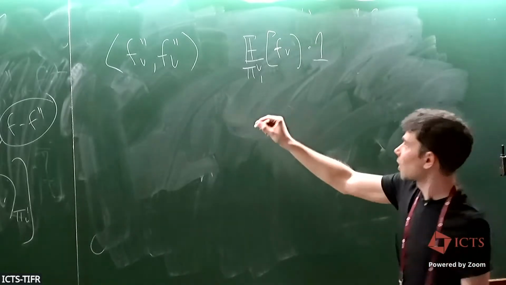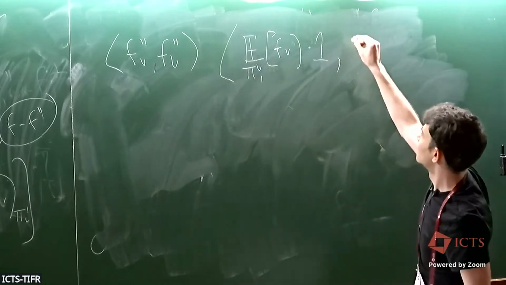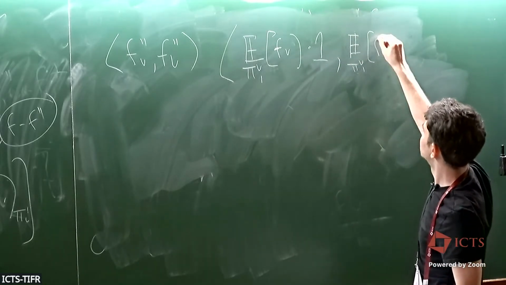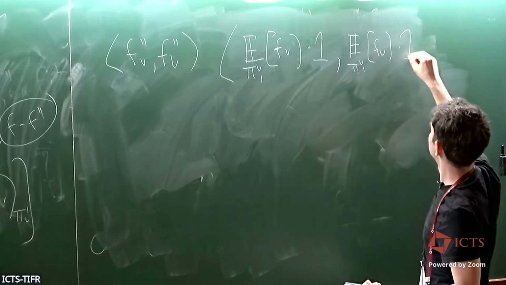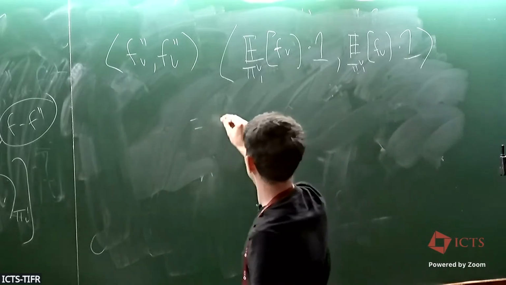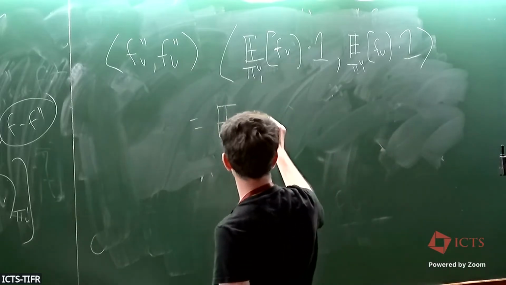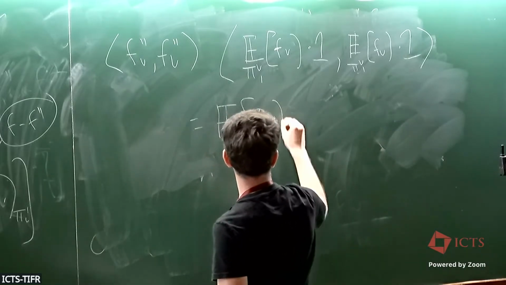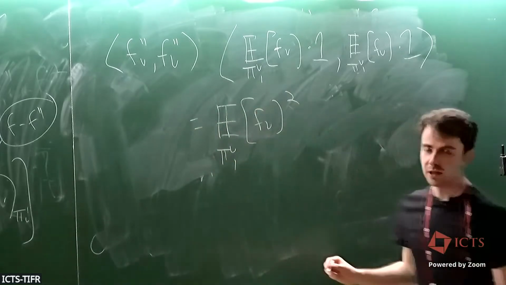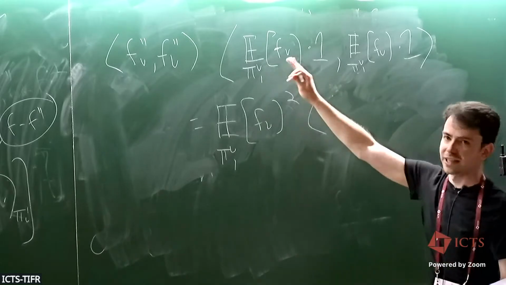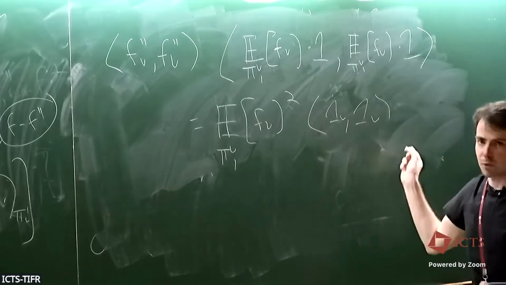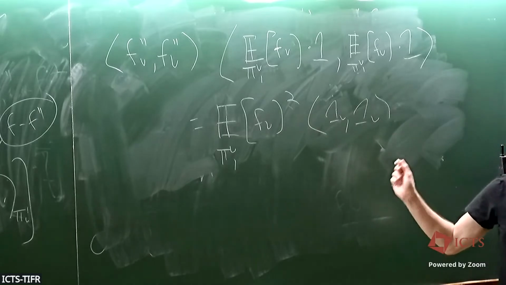So this inner product is just equal to the local expectation of F_V over the link, squared, because I'm just pulling out the constant terms. Then this is multiplied by the inner product of 1 with itself, which is 1.